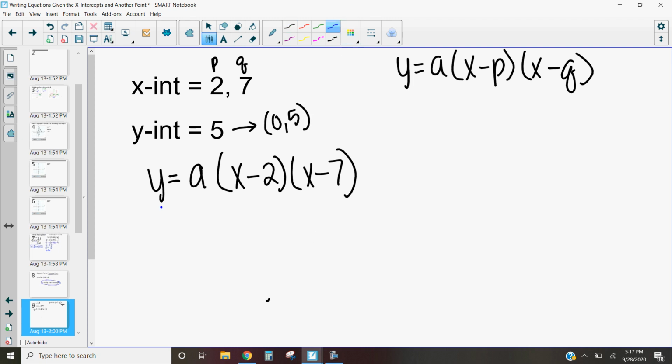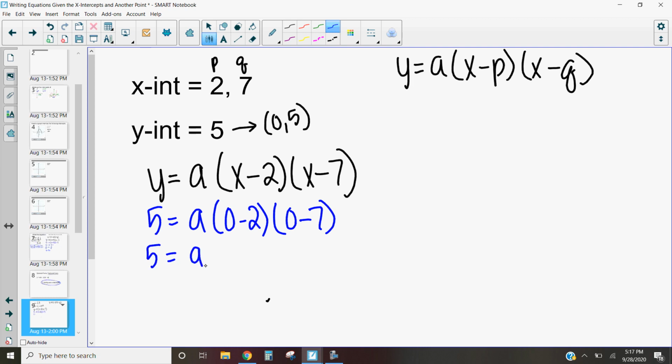So let's do it. y equals 5. I don't know what a is, but for x, we're going to use 0. And let's simplify it. 5 equals a times negative 2 times negative 7. Well, negative 2 times negative 7 is positive 14. So 5 equals 14 times a. Divide by 14 on both sides, and a equals 5/14.